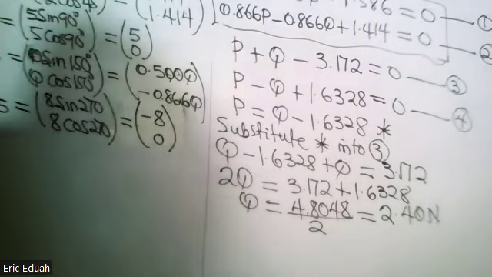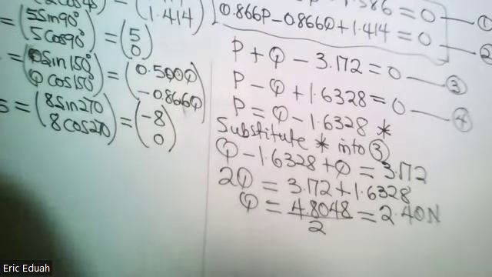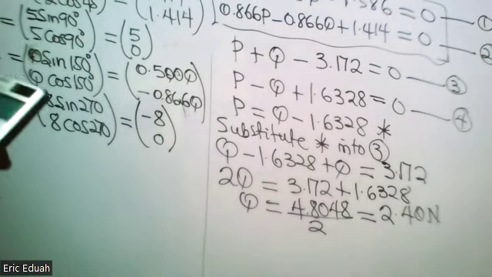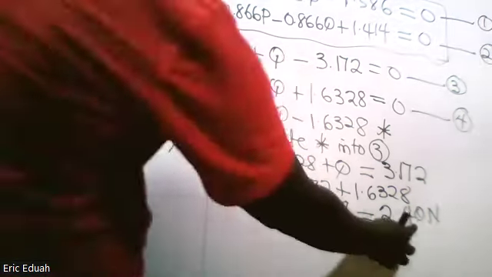Once you have Q, help me find P. And I left it this way because we're asked to write our answer in two significant figures. So it will be 2.4.